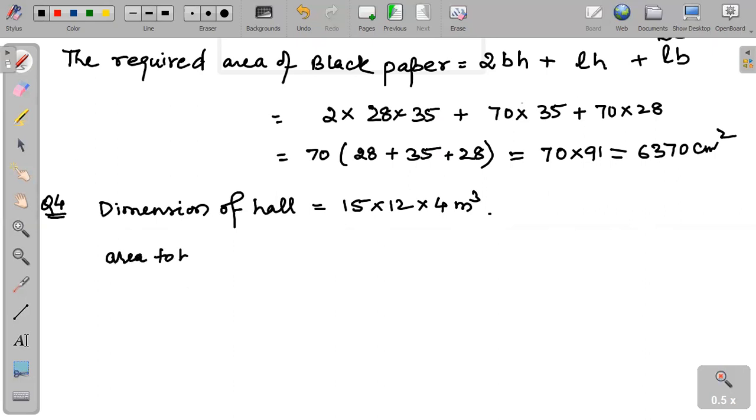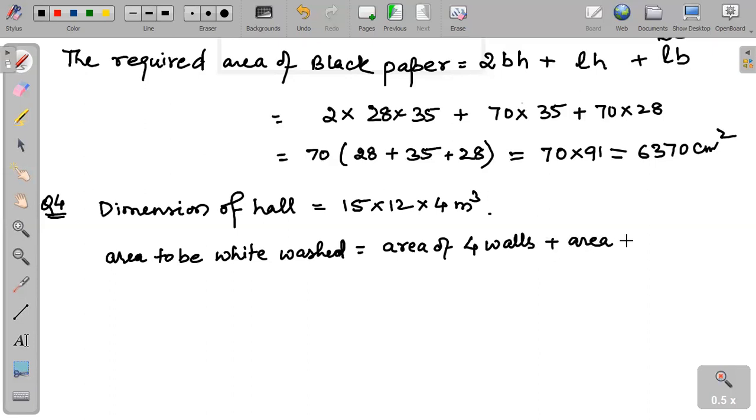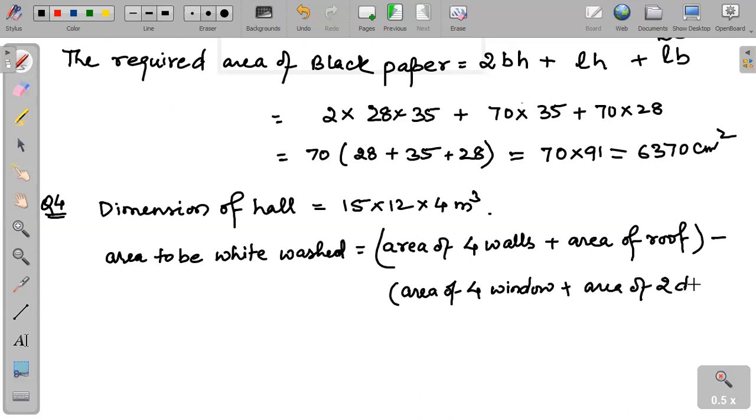Area to be whitewashed is equal to area of four walls plus area of roof minus area of four windows and plus area of two doors.